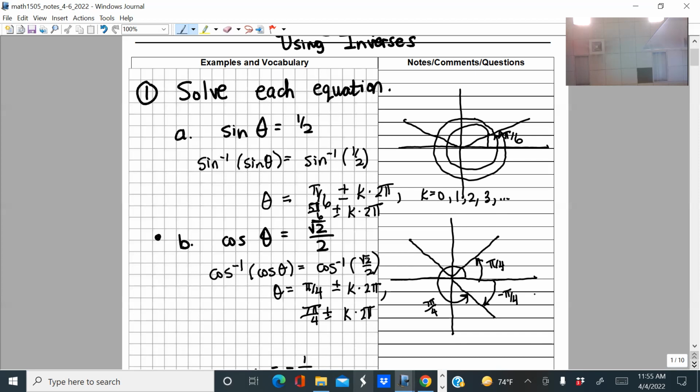Its cosine is positive square root of 2 over 2, so that's a solution to the equation. But how does that come out of this list, because this is supposed to be all the solutions? Isn't that 7 pi over 4 minus 2 pi? Take 7 pi over 4 minus 1 times 2 pi, you get minus pi over 4. So minus pi over 4 is in this possible list of solutions. That should be all the possible solutions.